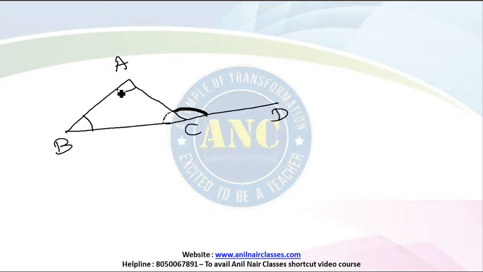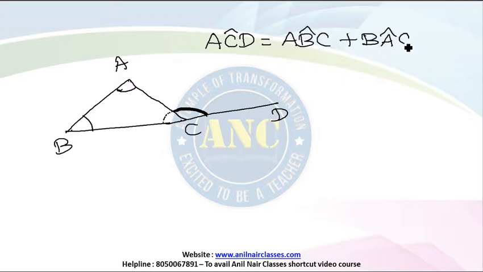That means in triangle ACD, angle ACD is nothing but angle ABC plus angle BAC. This is nothing but the exterior angle property, which I am sure you all know. Exterior angle is equal to the sum of opposite interior angles.